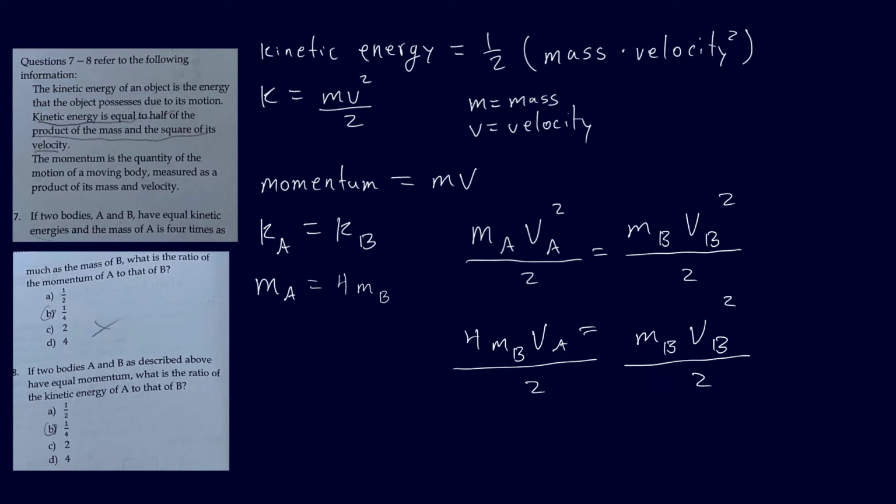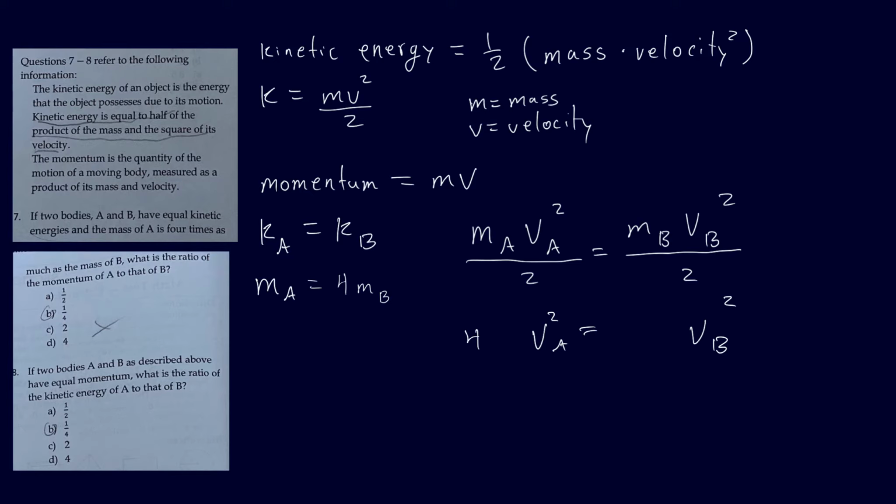I'm going to multiply both sides by 2, and divide both sides by the mass of B. And, got the square over here.